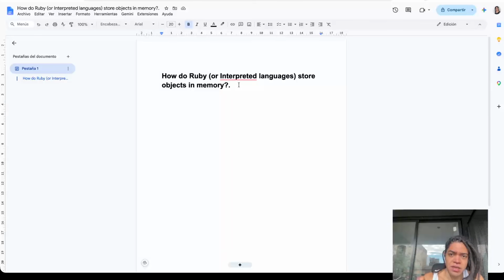In this case, the interpreted language somehow takes my set of instructions as an input, and then passes that to the interpreter, which generates some bytecode, and then using virtual machines finally generates the code that is going to be mounted in memory, and the CPU will execute that for me.